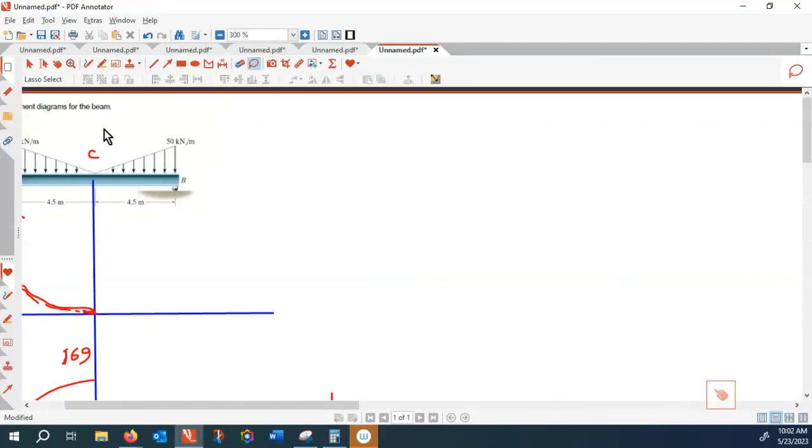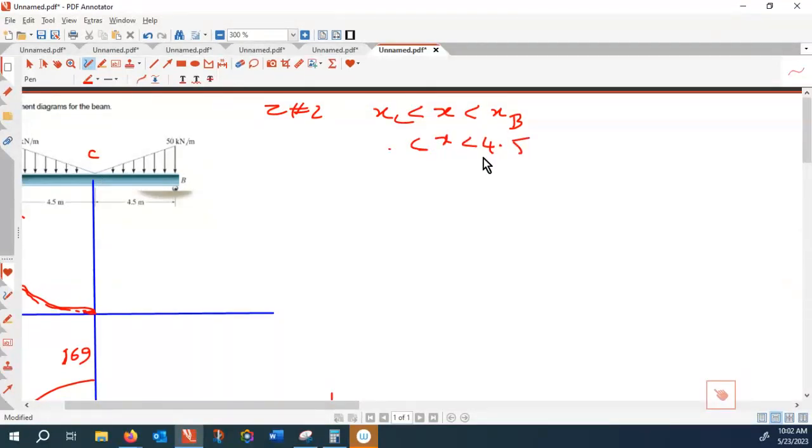So here, in zone number 2, x again is changing between xC and xB, but bringing the coordinate to C, x would change between 0 and 4.5. That makes the derivation much easier.